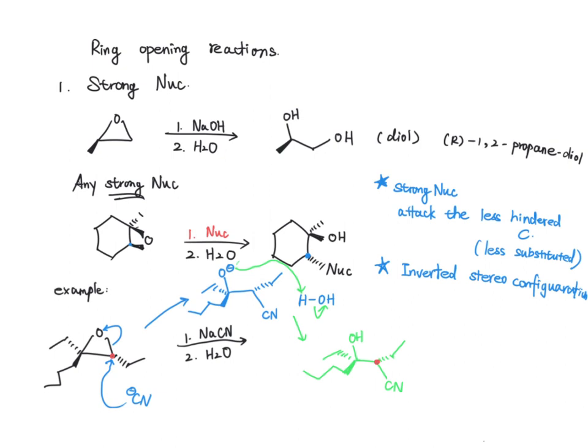So the second type of ring opening reaction for the epoxide is called acid catalyzed ring opening reaction. Basically, you introduce the acid as the catalyst. You use it and then you reform it. So the acid is used in a catalytic amount.